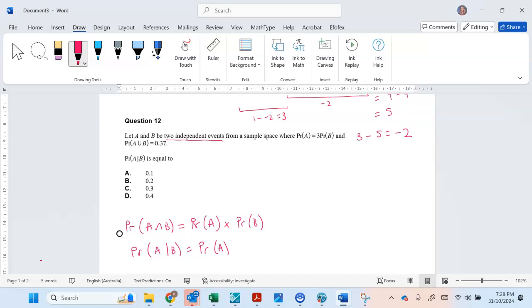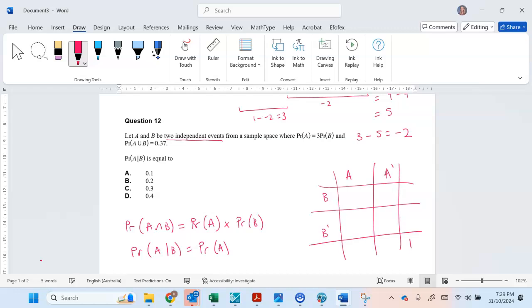You could use these, and whenever I see two events like this, I love a two-way table. So I'm going to start by doing a two-way table, with A, not A, and B, not B. Just quickly sketch it out.